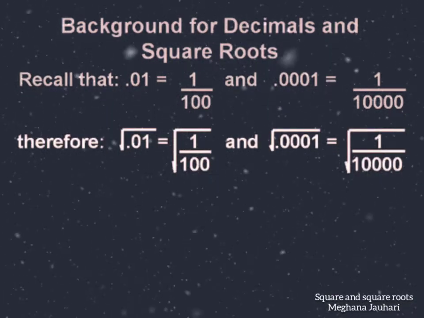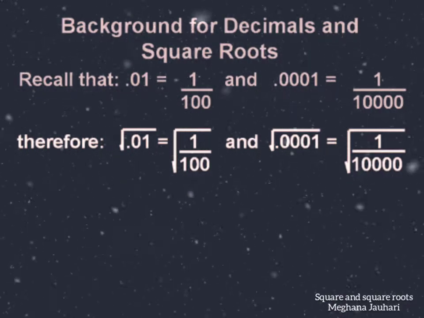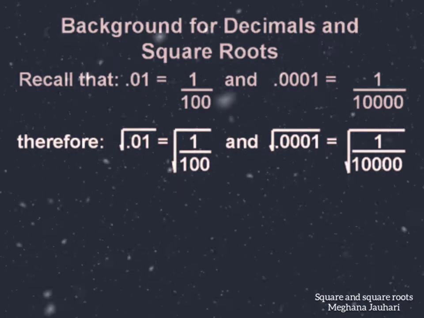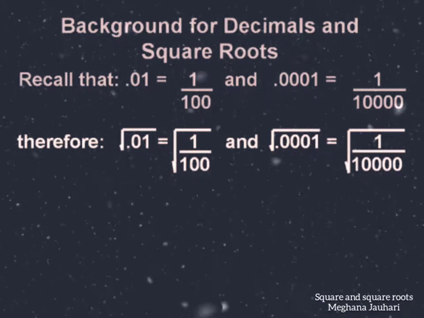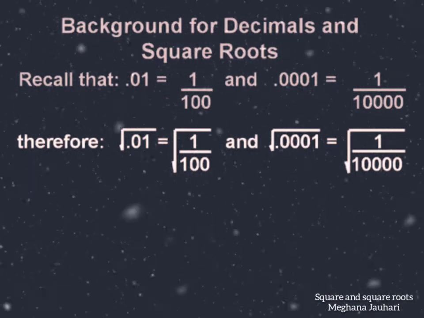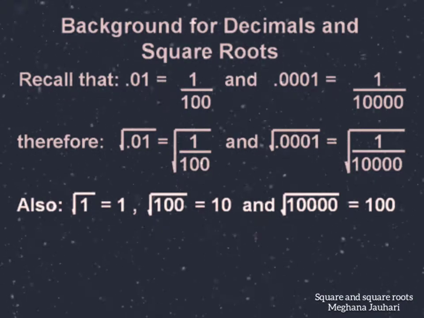Correct? So we can say that the square root of 0.01 will be equal to the square root of 1/100, and the square root of 0.0001 will be equal to the square root of 1/10,000. Right?